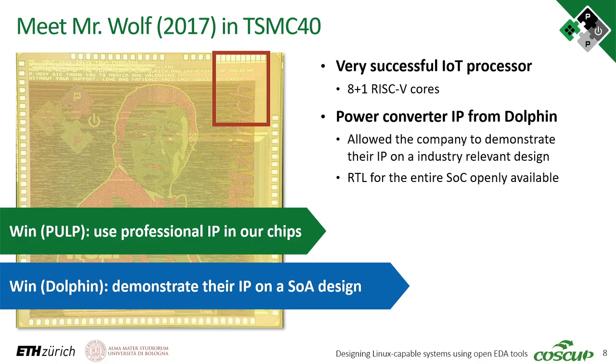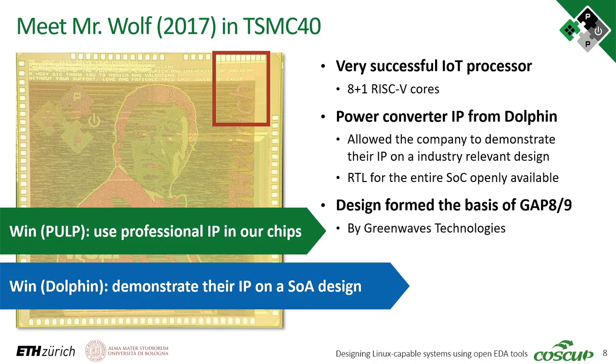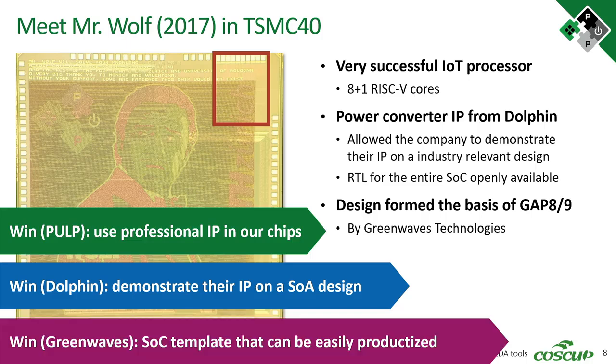They get to demonstrate that their IP actually works, so they can then point to our chip and say, look, we actually designed something that functions as we expected. And then from that, this was the basis for Greenwaves' technology to design their GAP8 and GAP9 microcontrollers. So it is also a win for a startup that can take this as a template and design a product from it.